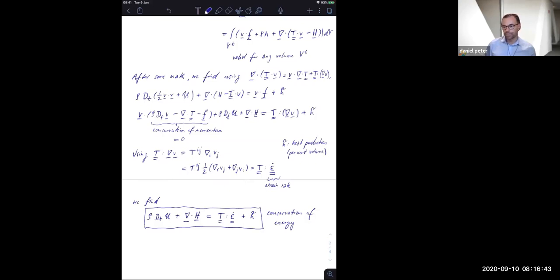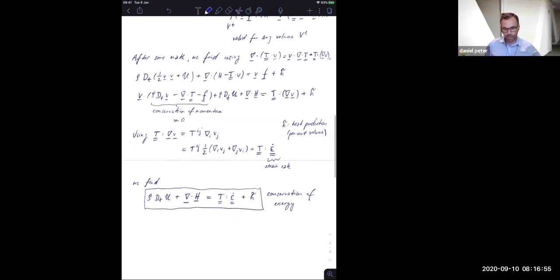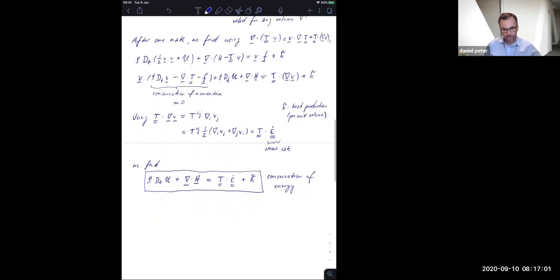Good. So something we can look at for elasticity in particular is a little side note that we put here. So a little note here on the conservation of energy.